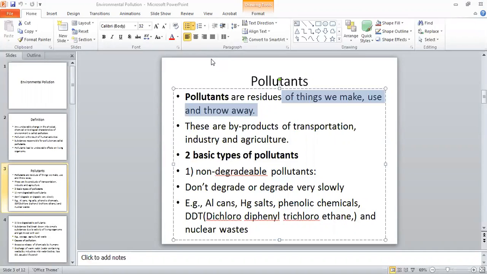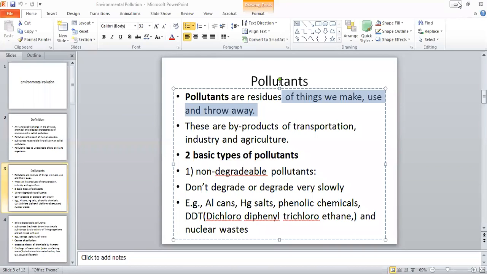Either they will not degrade at all, or if they degrade, their degradation rate is very slow. If pollutants have these characteristics, then we consider them non-degradable pollutants. So what are the examples of this kind of pollutants?